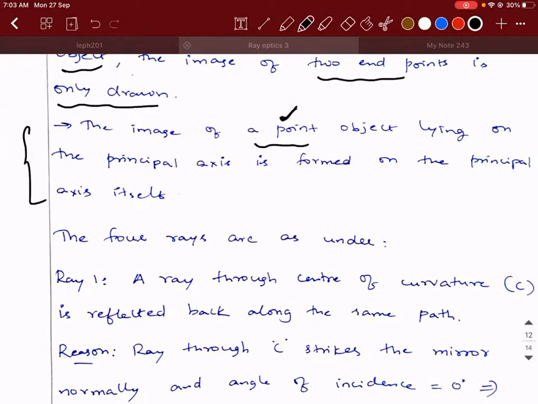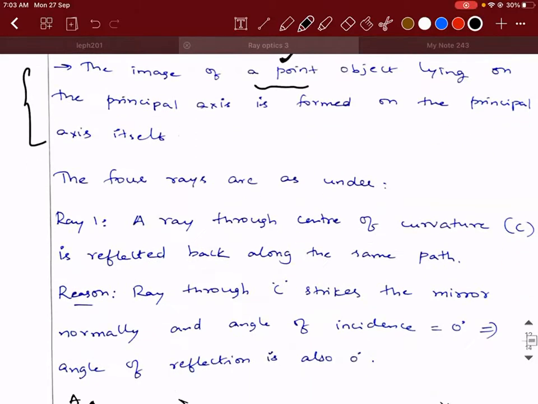There are 4 important steps to be followed while drawing the ray diagram. Can someone tell me what they are? There are 4 important steps that you are going to follow while drawing the ray diagrams. What are they?